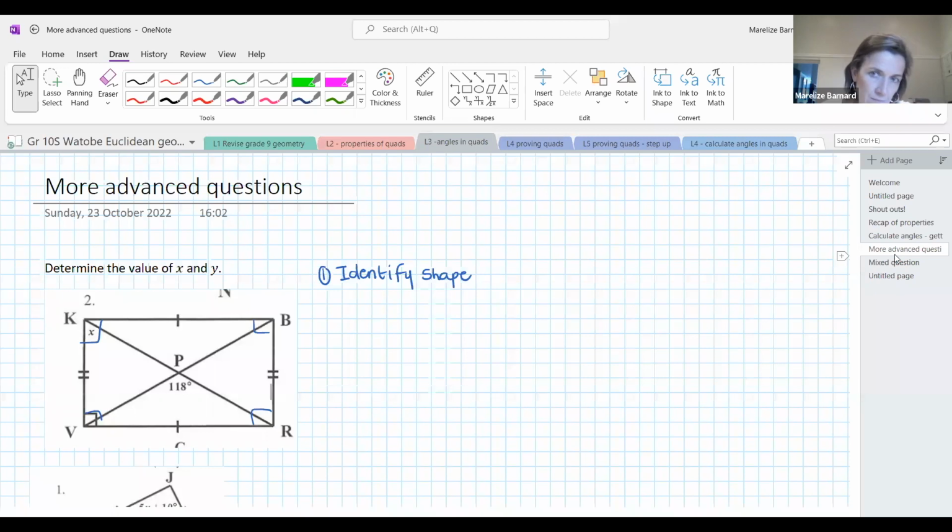So I was trying to calculate the other angles in order to use the isosceles triangle properties to calculate X. So I added 118 up with another 118, and then I subtracted it from 360 degrees. And then I got 124 degrees.